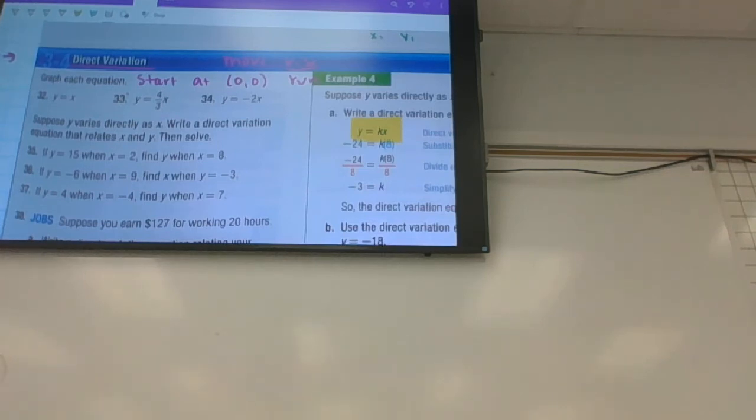Chance to do your variation process. Find K, write the equation, find the other.